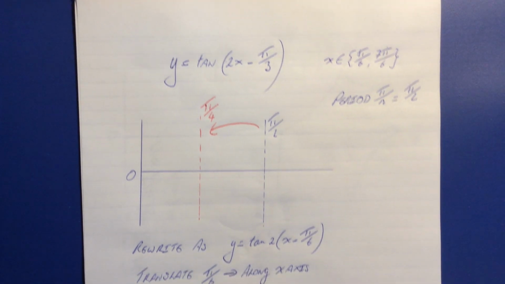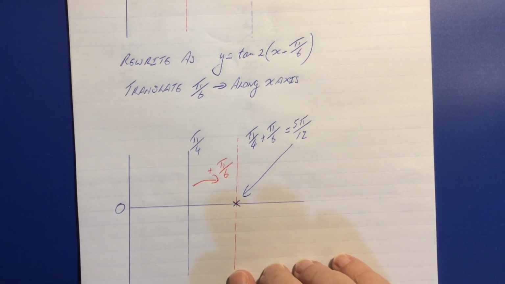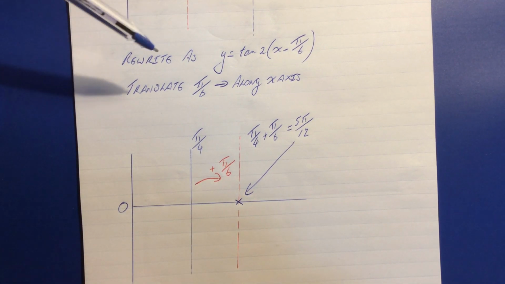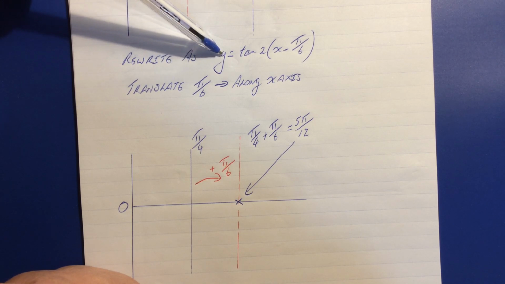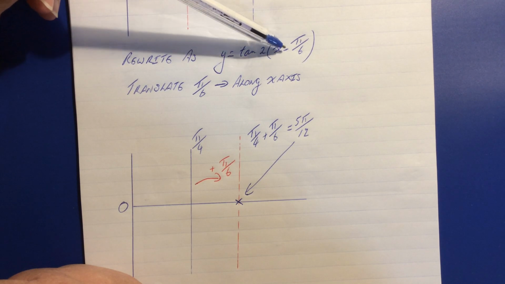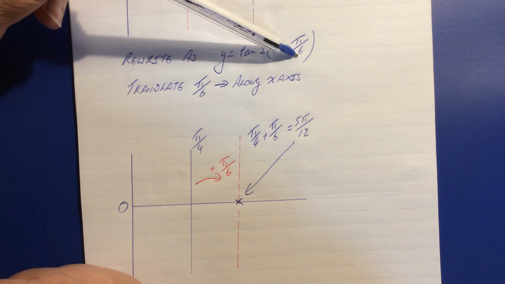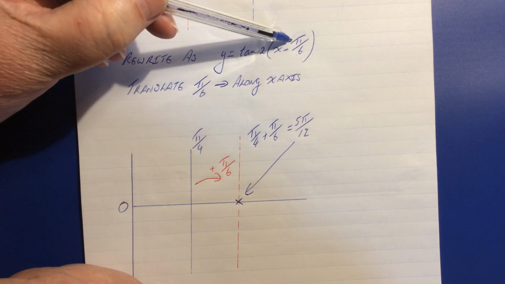Now, what's the next thing we do? Because there is more to do. Well, I find it useful to rewrite as y equals tan 2 into x minus pi on 6. And this is my next step here.